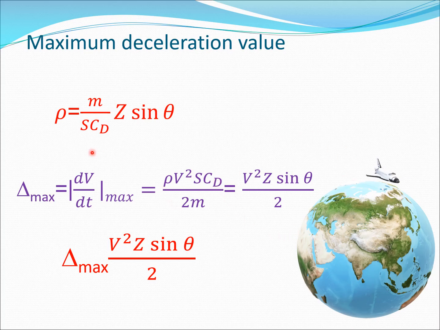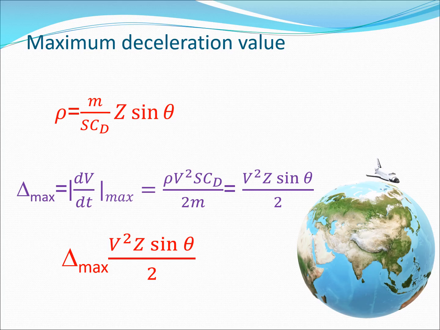So when I substitute rho here from this equation, I can immediately get a cancellation of scd and m. So essentially I get a much simpler form. I simply get v square z sine theta by 2, and therefore just to write it out again, delta max which we were searching for is equal to v square z sine theta by 2. So that's the equation to keep in mind, which is telling you what is the maximum deceleration value here.